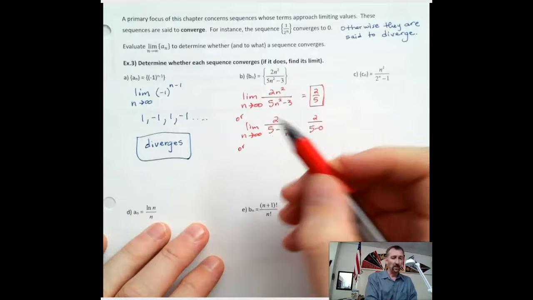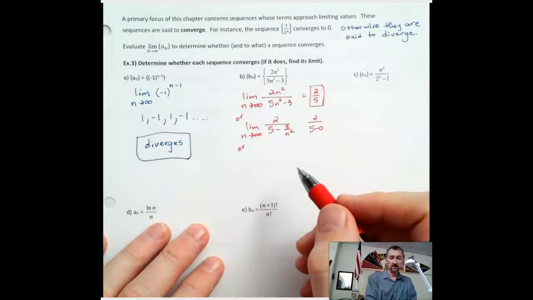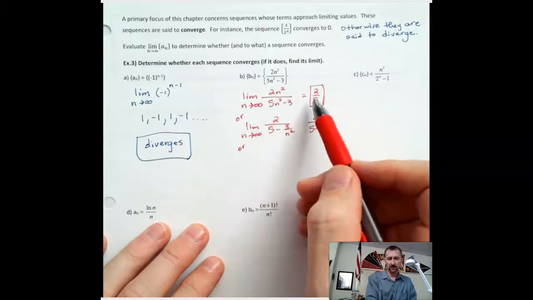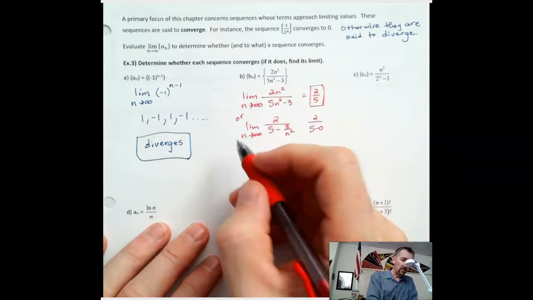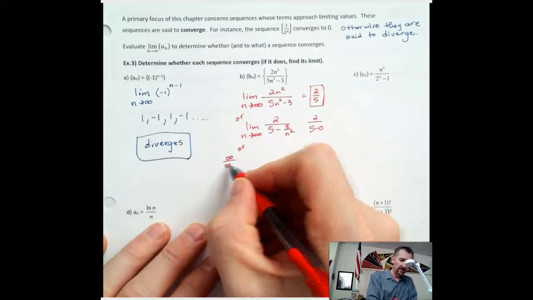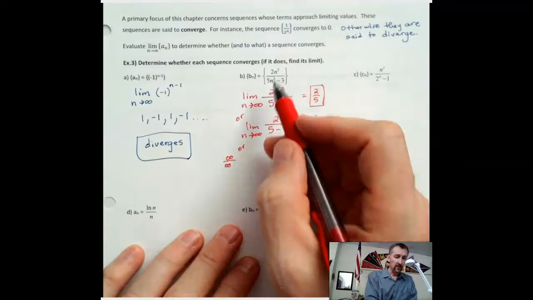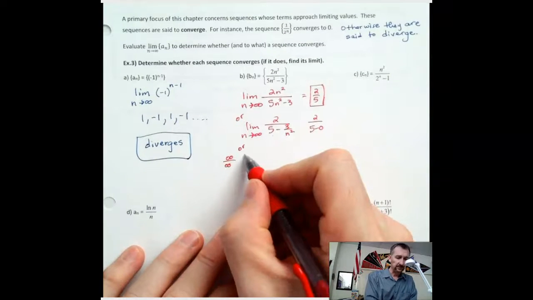I'm going to say or, but really we want to do one of these because that's not really showing the calculus there. Or we could realize that this is going to be infinity over infinity, so we can use L'Hopital's rule. If we do that, that would be 4n over 10n.